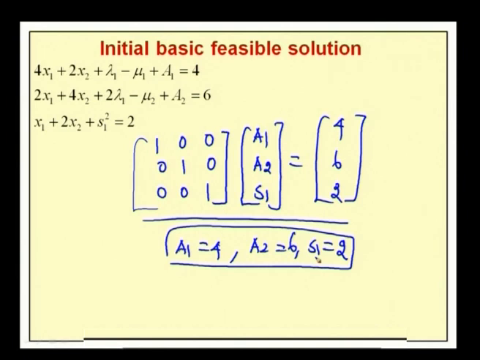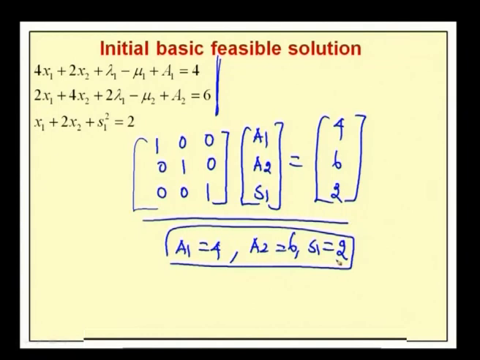Now, for this linear programming problem, by applying the two-phase simplex method, we can get the optimal solution, wherein in each and every iteration we are improving our solution from the initial basic feasible solution.